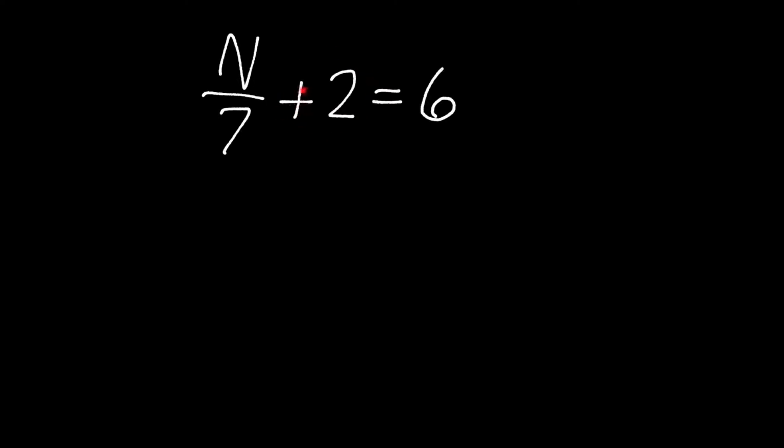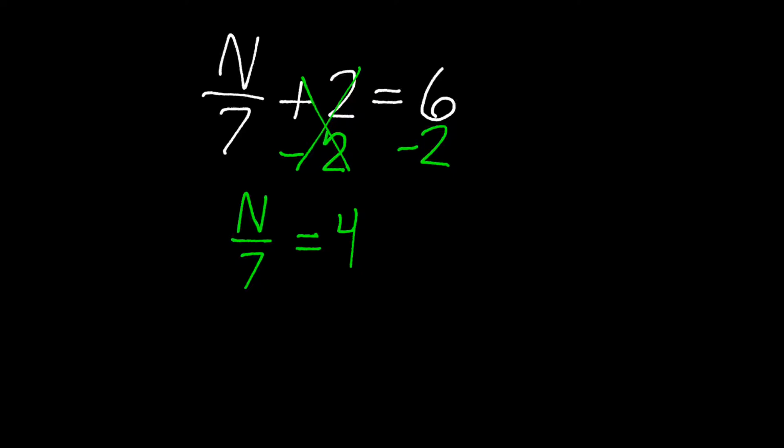My constant is a plus 2. So to get rid of that, I use the inverse of addition, which is subtraction. So I'm going to subtract 2 from both sides. These cancel out because 2 minus 2 is 0. On the left side, we're left with n divided by 7, and on the right side, we're left with 4.